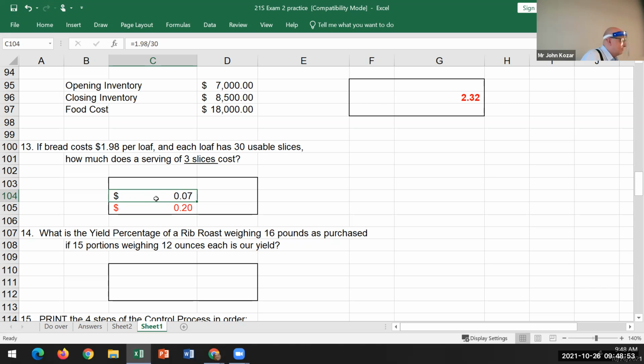Right, so this is showing it rounded to 2 decimal points, but it's storing it as 0.066. So when I multiply it by 3, I'm getting 20 cents. But if you multiply 7 by 3, you get 21 cents. I will take either answer.